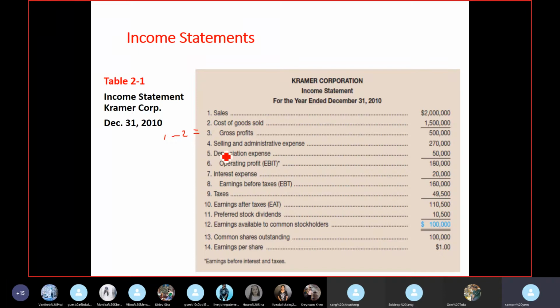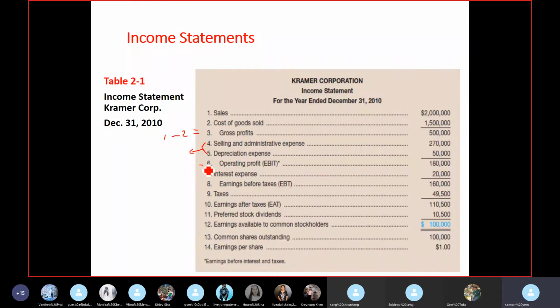Number 4 is the selling and administrative expense, and number 5 is depreciation expense. These 4 and 5 we can call the operating expense.